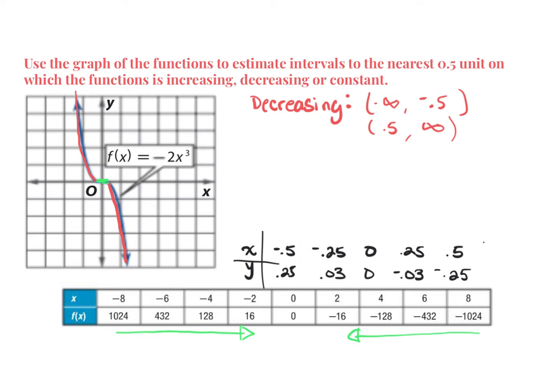Really, we are decreasing just at a very, very small rate, because as you're going through this graph, the numbers are getting smaller and smaller. So we are actually decreasing on the entire interval of this graph, because there is no constant and there are no increasing intervals. So as I support my answers numerically, the interval of decreasing is actually from negative infinity to positive infinity.